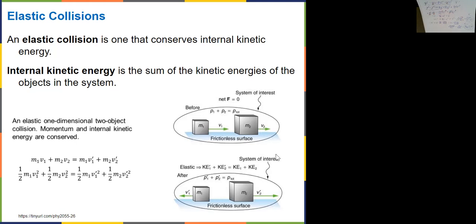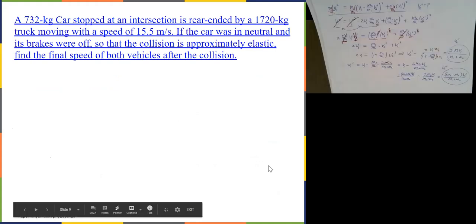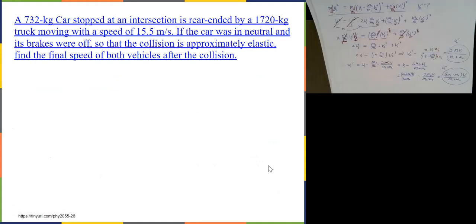But basically, the next example is exactly the same as the assumption we made. So the car here, a small car, stopped at the intersection and then it's rear-ended by a second truck or second car.